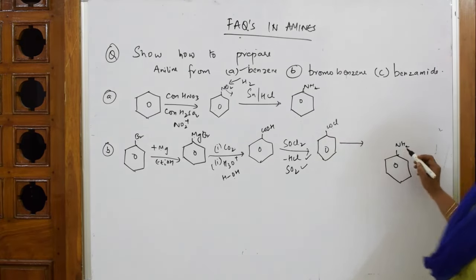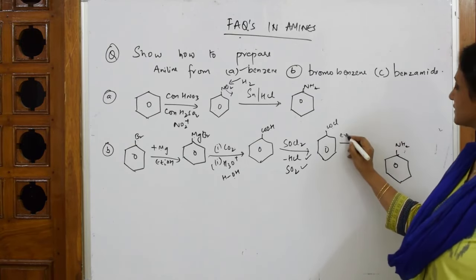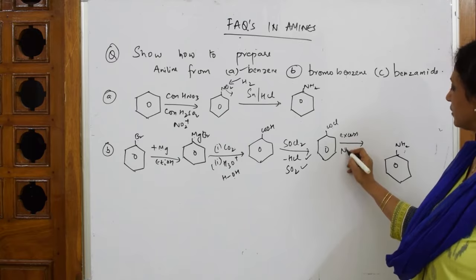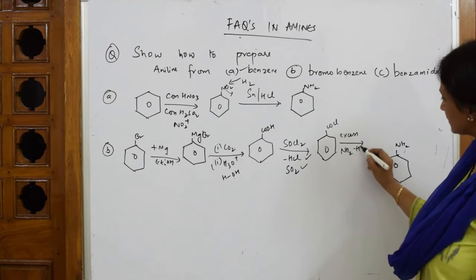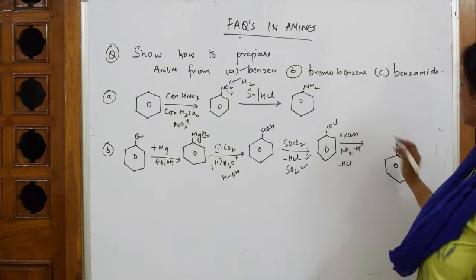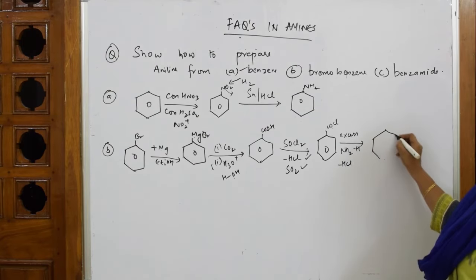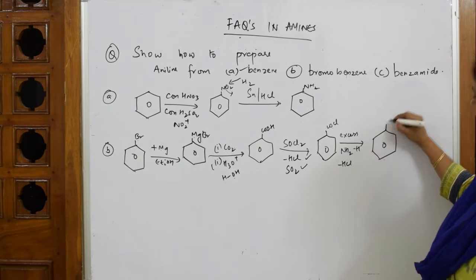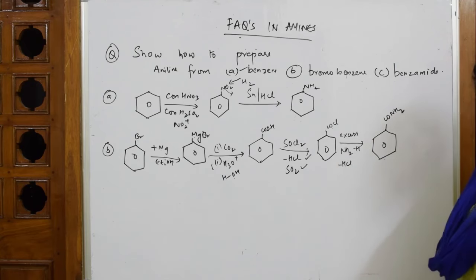What is compared to this one, what is extra in this? You have amino group. So you add excess ammonia. When you add excess ammonia, I'm writing ammonia as H and H. So this H and Cl comes out as HCl. This group goes and adds here. Benzamide.